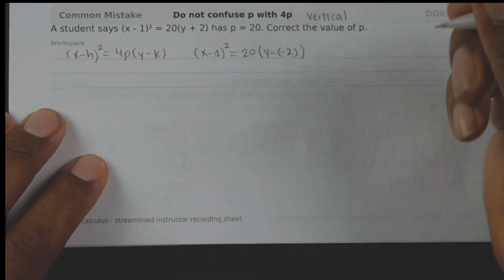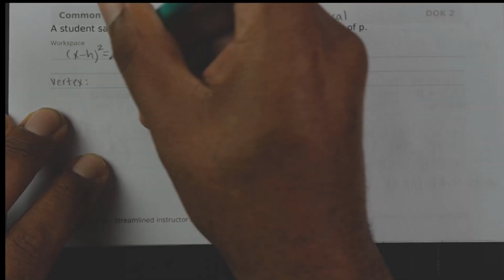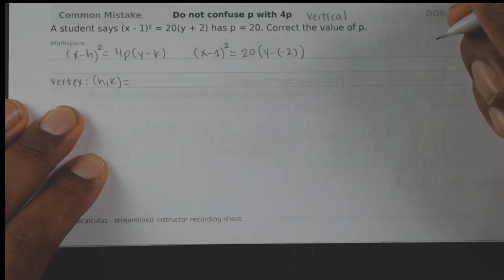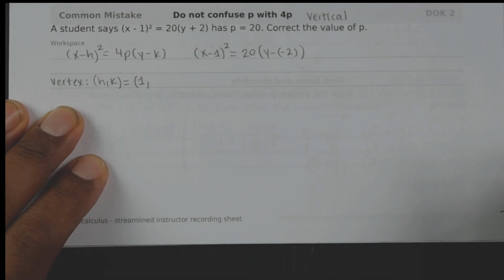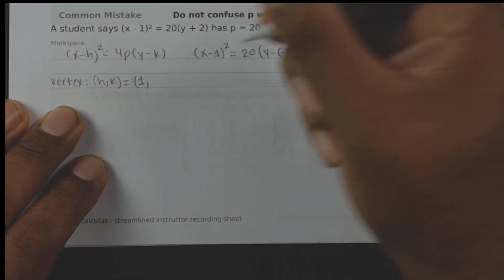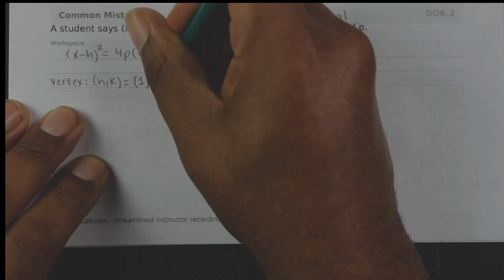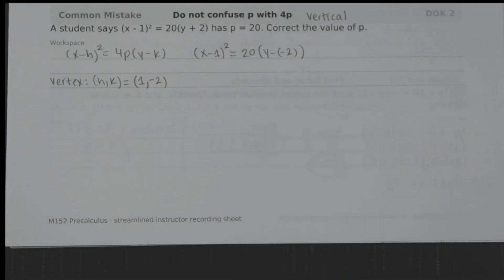So this tells me that the vertex, which is h, k, is equal to 1, negative 2. Now we need to find 4p.